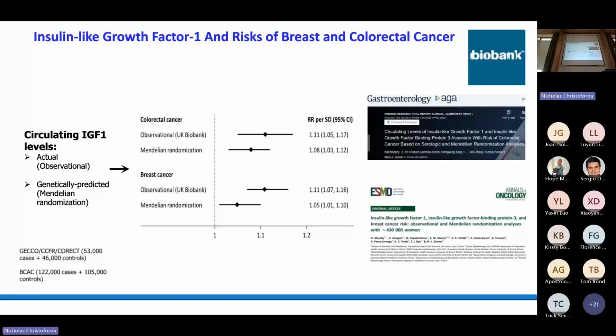And we saw quite clearly that there was a positive association between circulating IGF-1 and breast and colorectal cancer, both in UK Biobank, and then, albeit slightly weaker, in the genetic consortia. So I think this really demonstrates that putting together large-scale prospective cohorts where you have thousands of people with biological measurements, combined with genetic approaches, can help arrive at more definitive conclusions around the role of a particular biomarker and cancer risk.